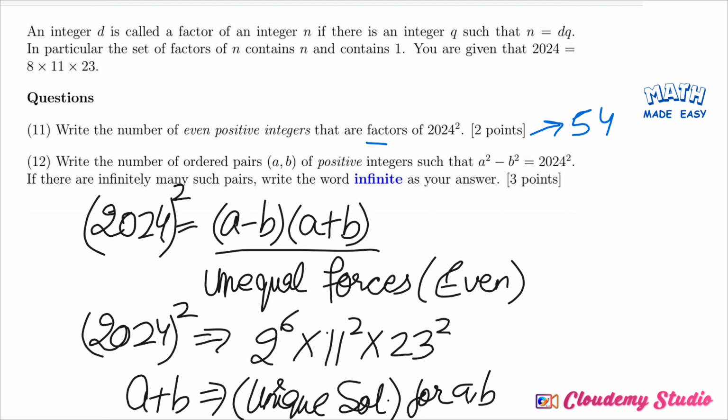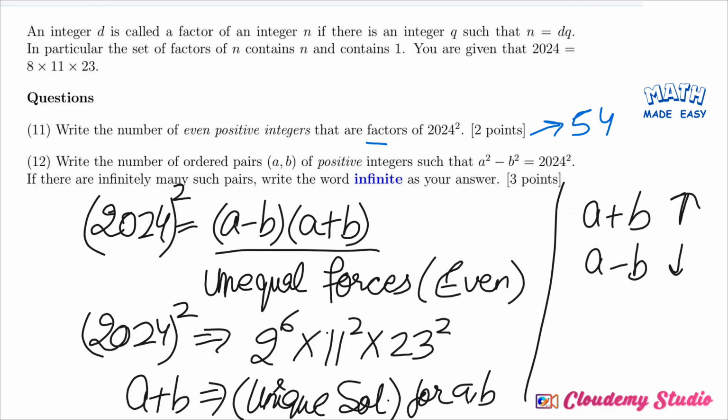Now, A plus B will be the larger factor and A minus B will be the smaller factor. So the number of factors D such that both D and 2024 squared over D are even.